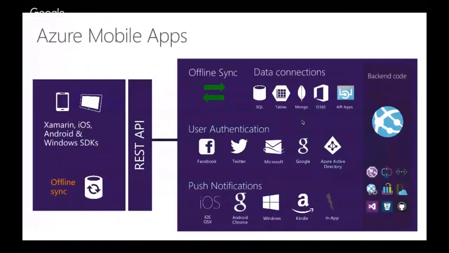How can we do that? Let's take a look at the architecture of the application. So right here, I have on this side the mobile application, which could run on a smartphone or a tablet. It could be an iOS app, Android, or Windows application. This app will connect to our backend service hosted on Azure.